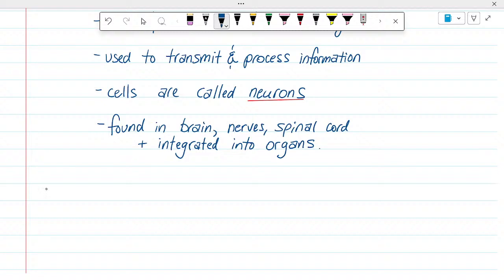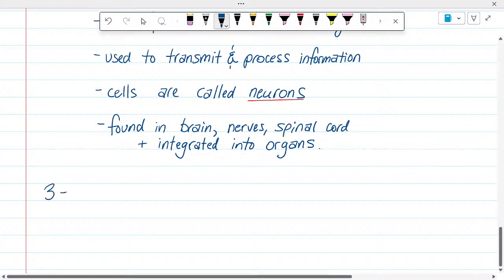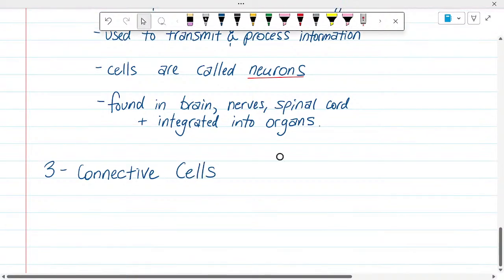Our third type is connective cells, which do exactly what they sound. They connect. They both hold cells together and allow the transmission of things from one cell to another.